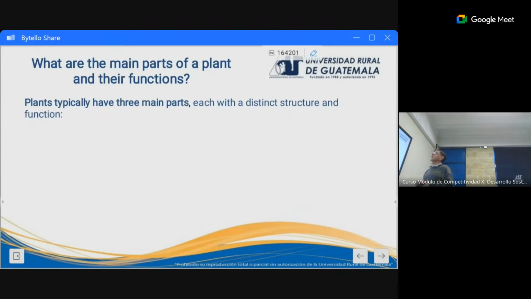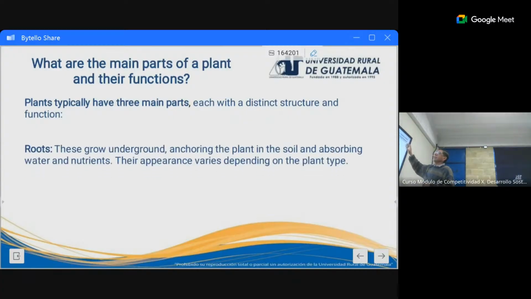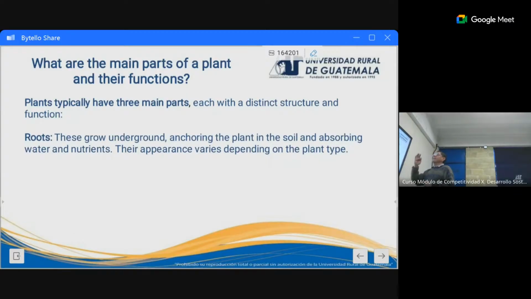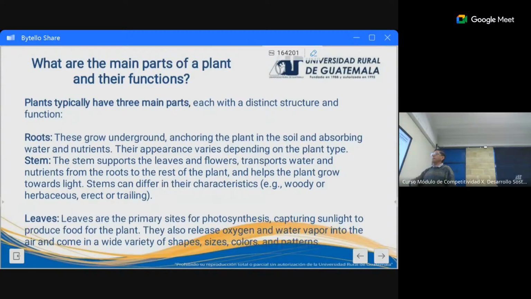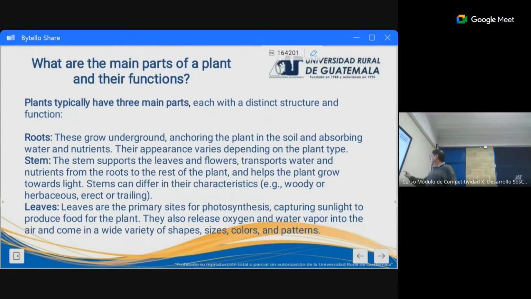What are the main parts of the plants and their functions? Let's check this information here. Plants typically have three main parts, each with a distinct structure and function. And they are the roots, the stem, and the leaves.